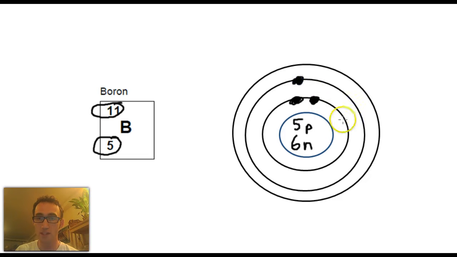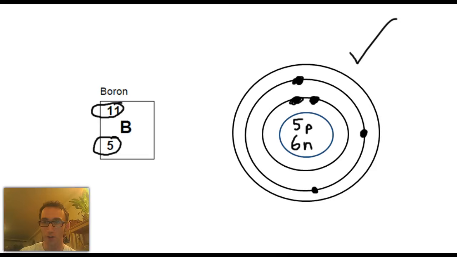So 1, but instead of lumping them together in pairs of 2, we're going to put them by themselves, spread out around the energy shell. Okay, so now we have 1, 2, 3, 4, 5 electrons. So we're okay. And we wouldn't actually need to draw this circle up here. So this would be the Bohr Rutherford diagram for boron. So we'll give us a big check mark there.